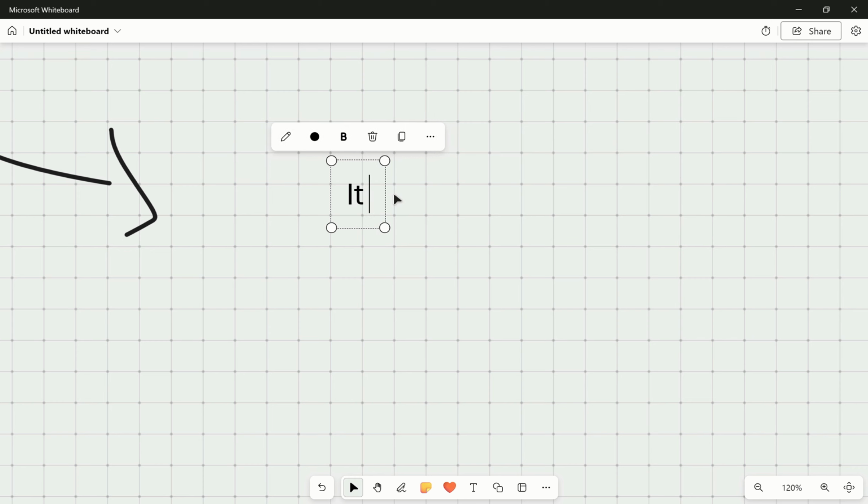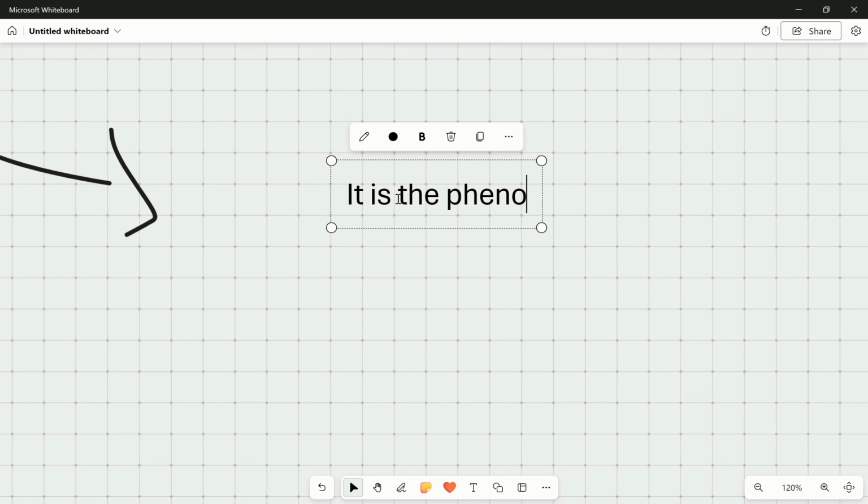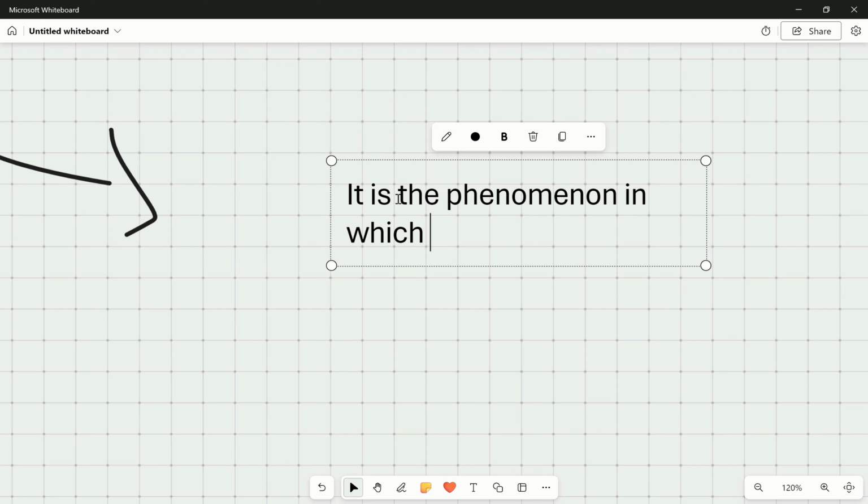It is the phenomenon in which current is... We will not write current, we will write voltage. And what is the better way of writing voltage? EMF, electromotive force.